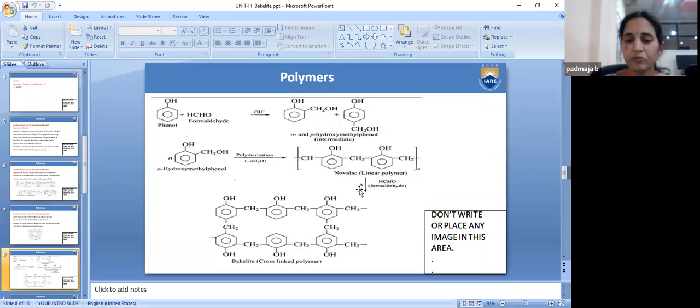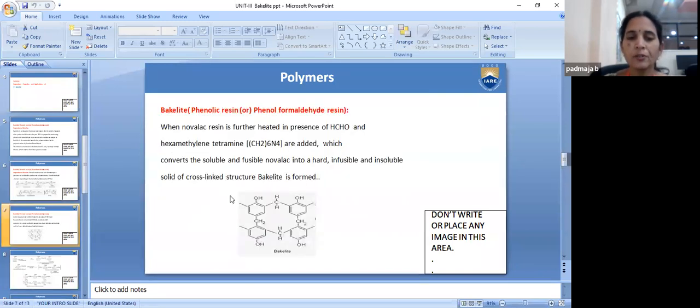When we heat this soluble and fusible Novolac, it converts into a hard, infusible and insoluble cross-linked structure. A solid cross-linked structure, Bakelite, is formed.